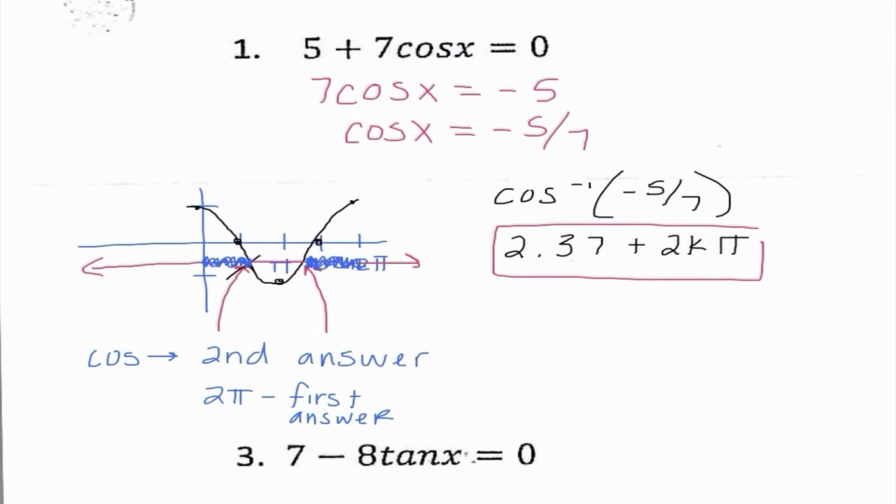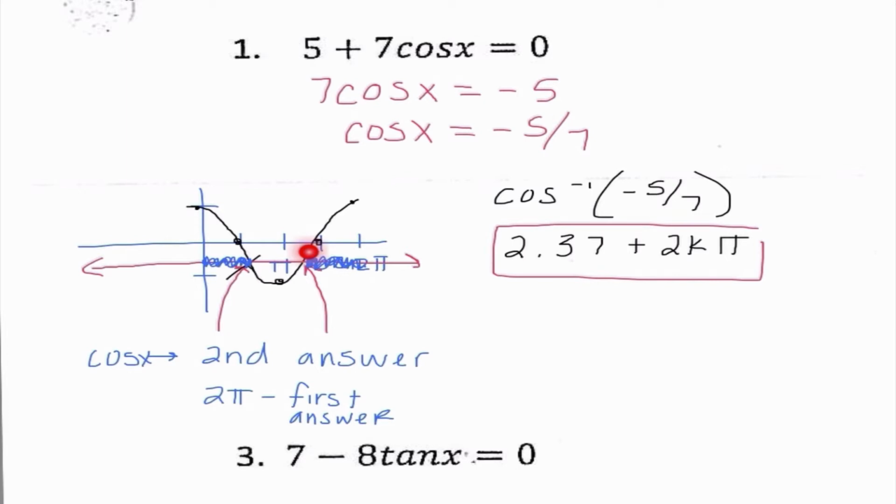So whenever I have cosine x, the way that we always find our second answer is by doing 2 pi minus the first answer. So the first answer is given to me using my calculator. The second, I'm doing 2 pi, and I'm subtracting this much, and we already said this is the same distance as here, which gives me the second value.